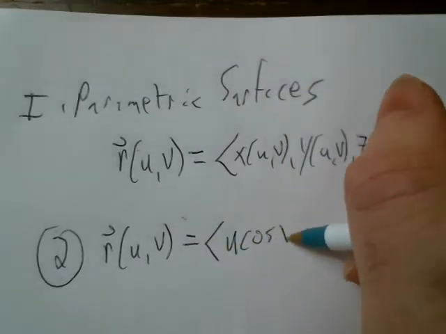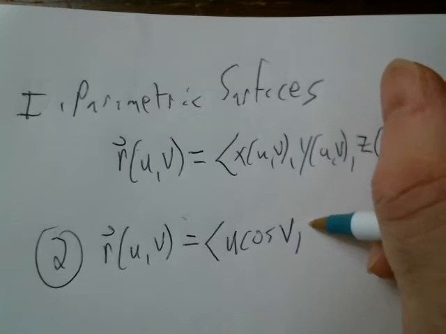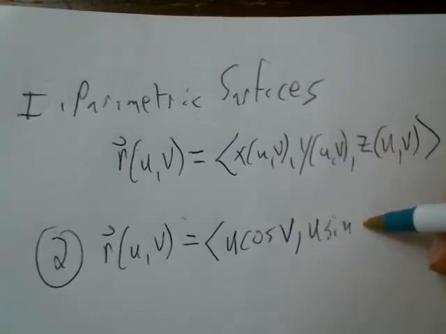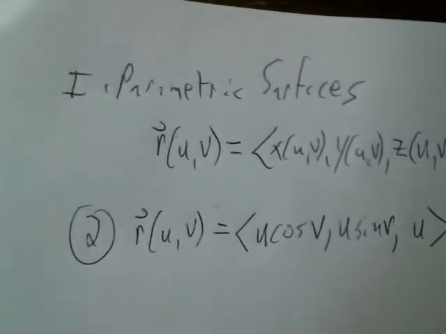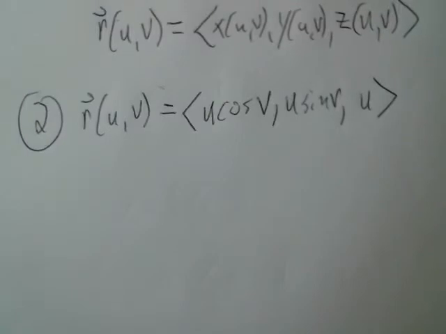So we have u cosine v, u sine v, and then u. It's just a matter of eliminating the parameter, same sort of deal as what we did back at the beginning of parametric equations.